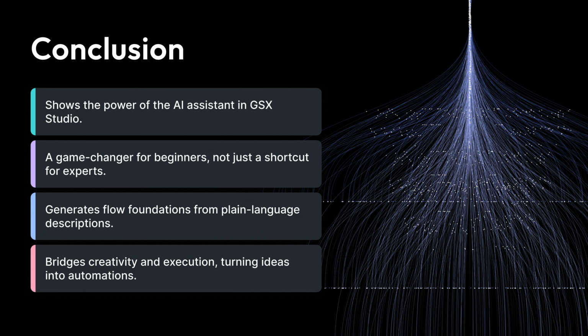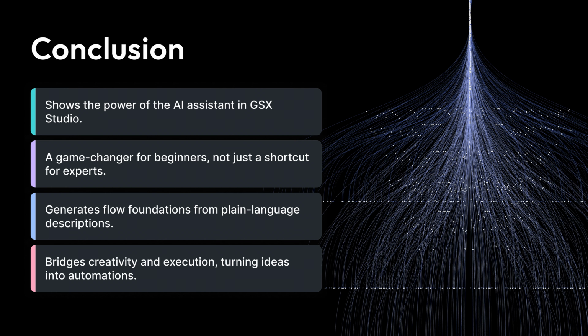Now it's time to wrap things up and look at the bigger picture. This demo clearly shows the power of having an AI assistant inside GSX Studio. It's not just a shortcut for experts, it's a real game changer for beginners who are still learning how flows are structured.